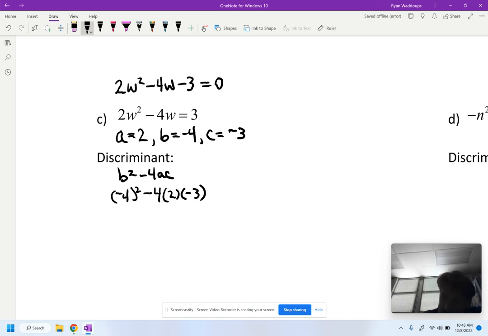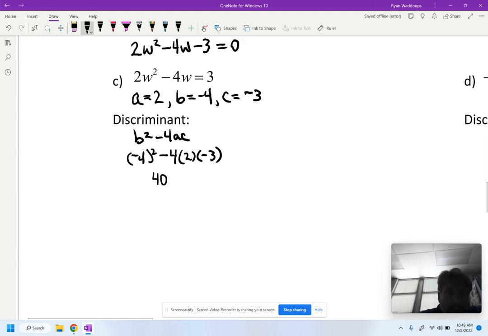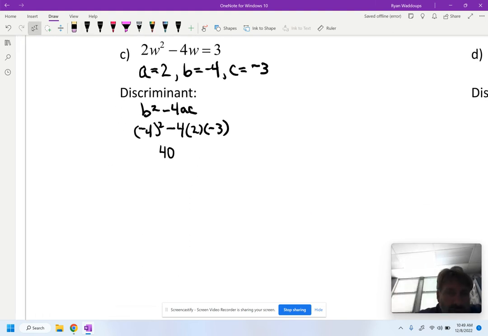And again, if you put that in your calculator, you get 40. This time, just to not confuse you, I will not skip steps here. I'll put x equals negative b. Now this time b is negative 4. So the negative of negative 4, and you can just write that, the negative of negative 4.